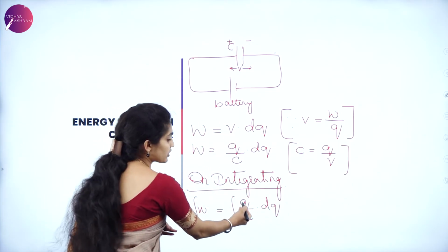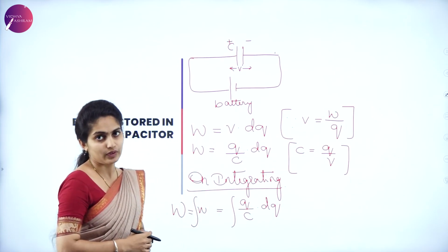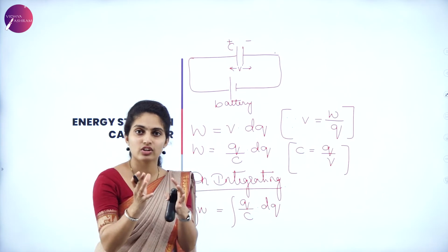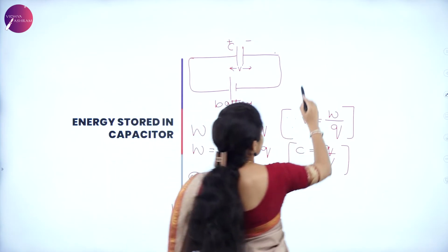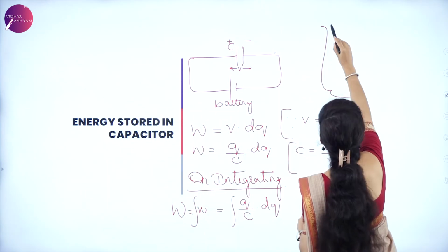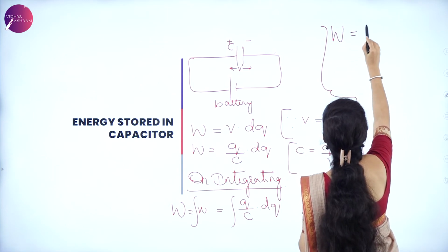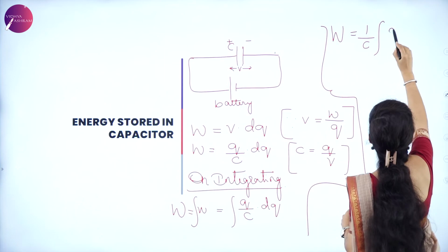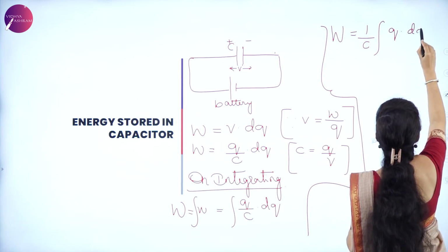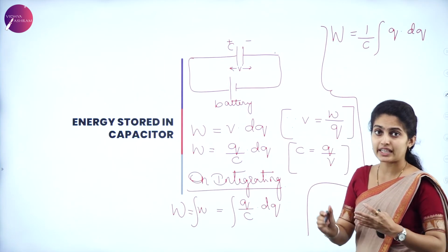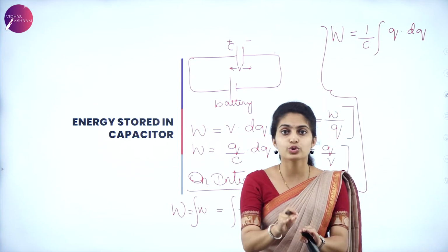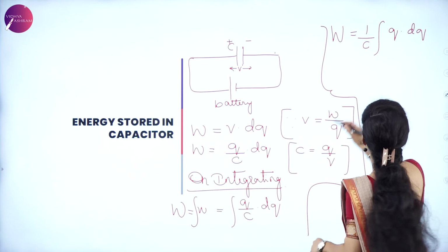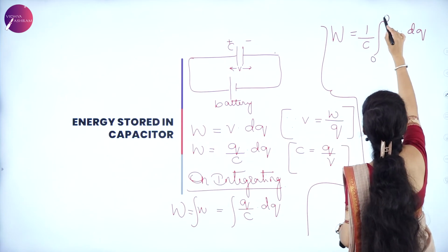Q has its partner dQ and C is a constant, so we take C outside. So W is equal to 1 divided by C times the integral of Q dQ. And this is from where to where? You are charging up to Q, so it is from 0 to Q.